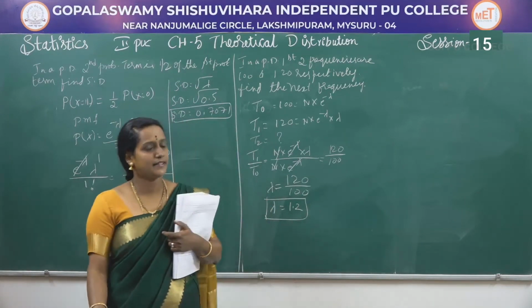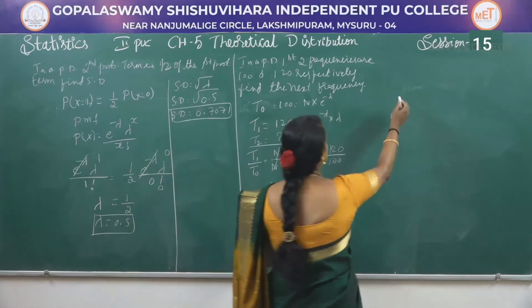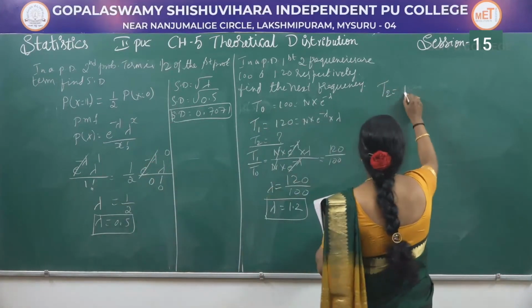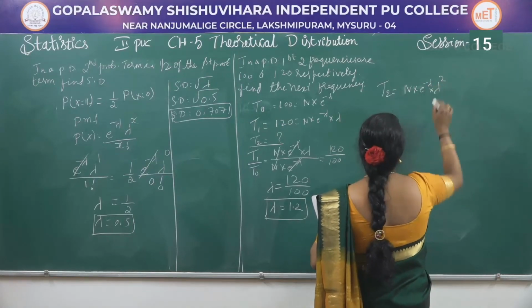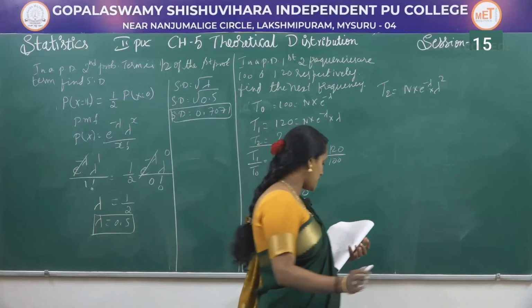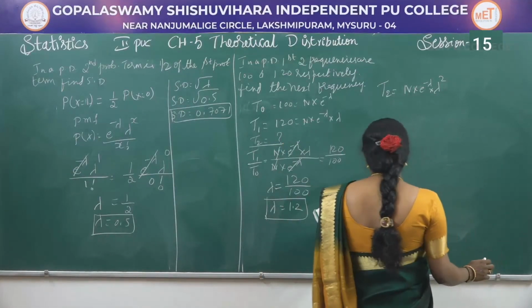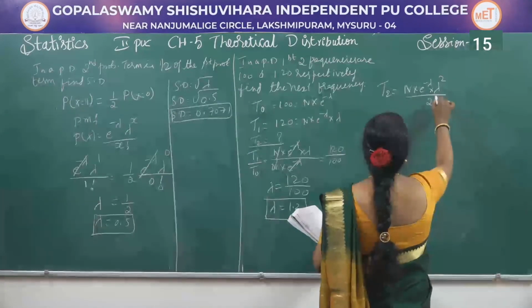So we have calculated the lambda value. Next we have to calculate T2. T2 is equal to n into e power minus lambda into lambda square divided by 2.